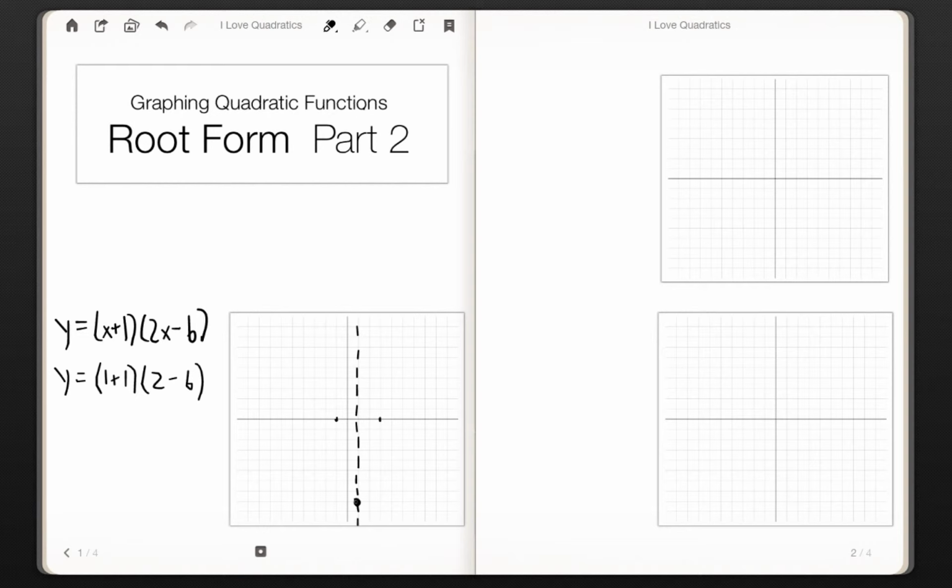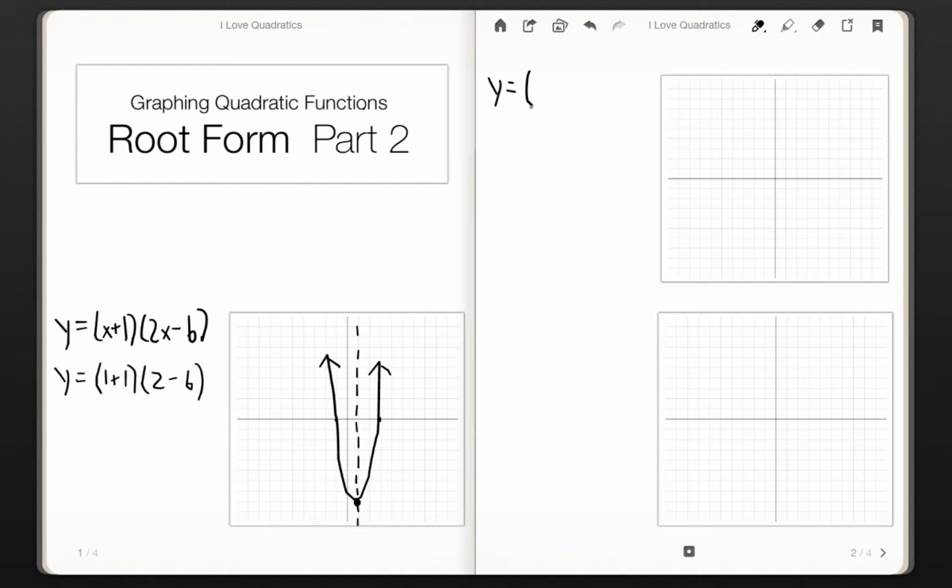And look at that. There are our 3 points. 3 points is all we need to draw a general idea of what the graph is going to look like. Much faster than doing the standard algebraic method of completing the square. So now these root form problems are actually going to go really fast for the most part.